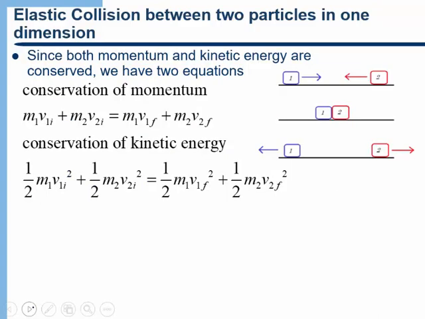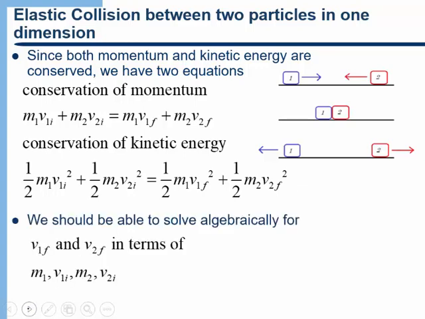Now, one of the things about one-dimensional elastic collisions is that if we know the collision is elastic, then we actually have two different things that are being conserved. We know that momentum is conserved and kinetic energy is conserved. Well, as you know, if we have two equations, we should be able to solve for two unknowns.